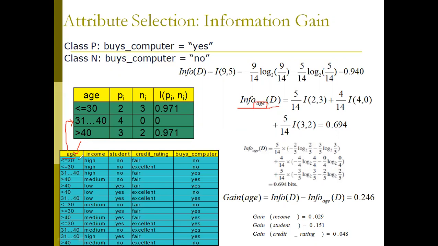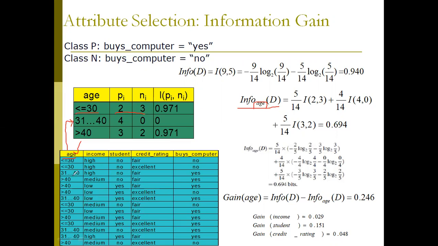For example, the age is less than or equal to 30, the total number of records under age less than or equal to 30 is 5 records. Under these 5 records, 2 records are yes, 3 records are no.